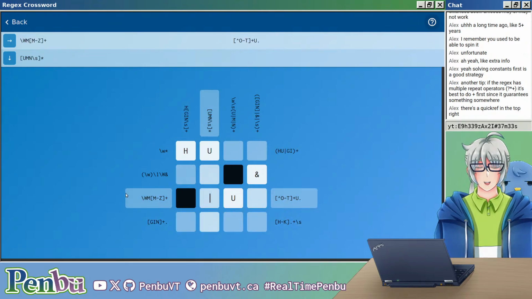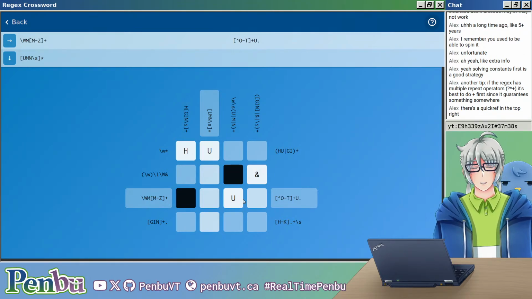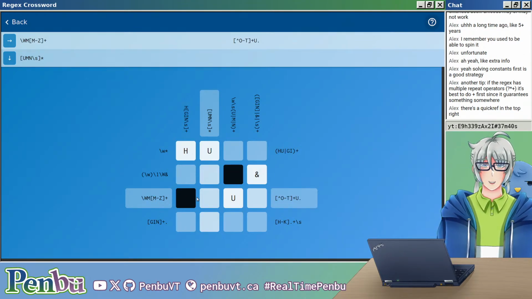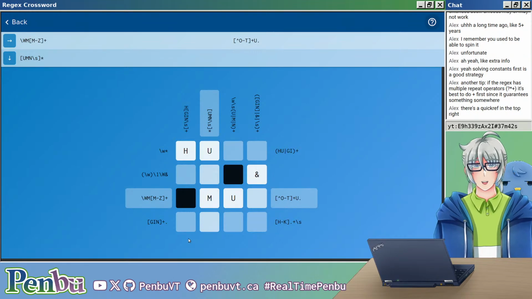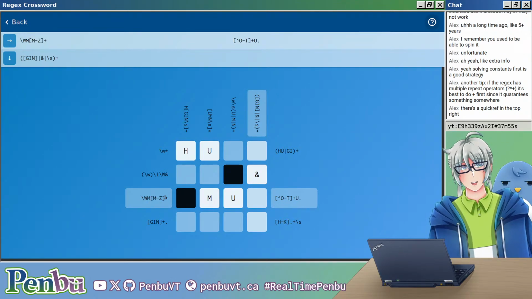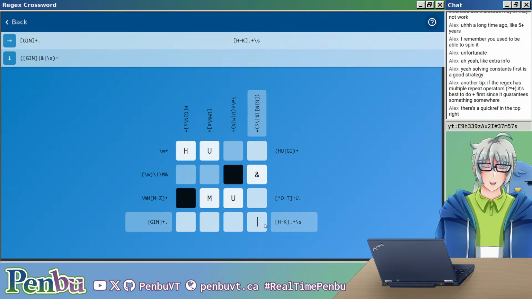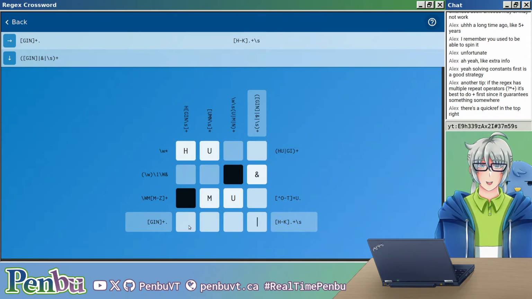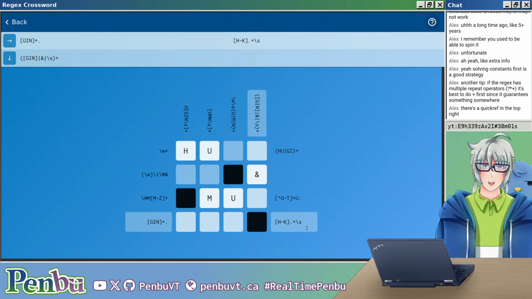What else do we have? Which satisfies this because it's not one of those letters there. Oh, that's a constant. Okay, so that's an M. And then M to Z's one or more. So that is one of those. But this is any character, which means it reduces down to anything that's between M and Z. H to K. S. This is a space because we have this space there.